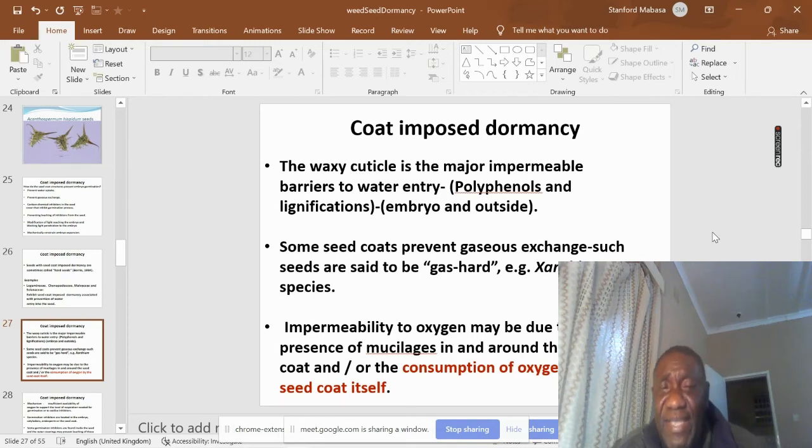It may not be easy for gases to penetrate those seeds. So, impermeability to oxygen may be due to the presence of mucilages in and around the seed coat, or the consumption of oxygen by the seed coat itself. What may happen is that oxygen can be absorbed by the seed coat, and it may be prevented from entering the embryo.